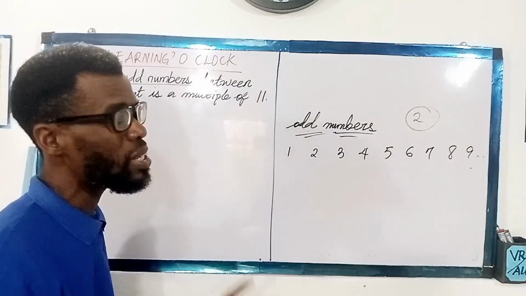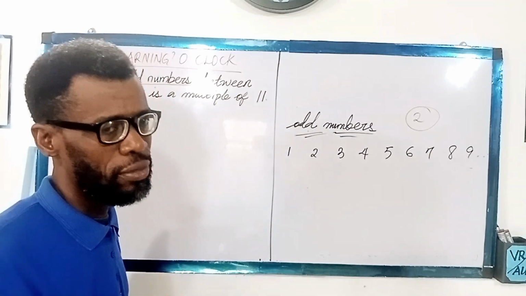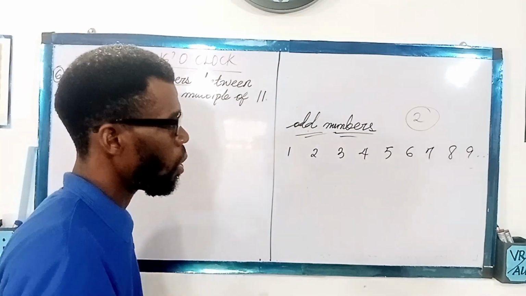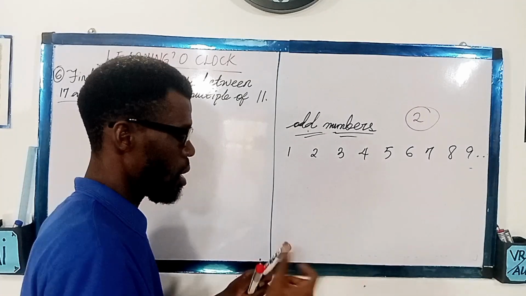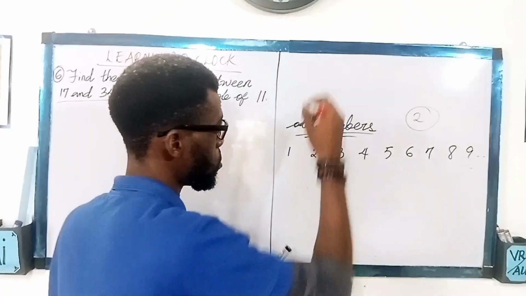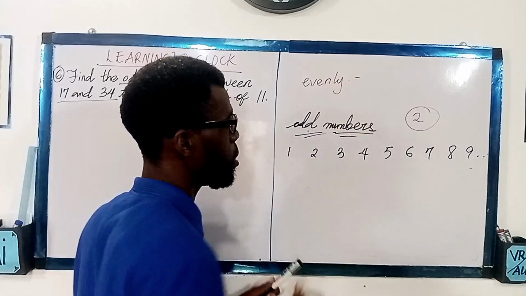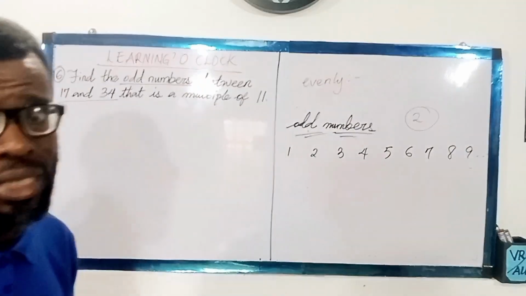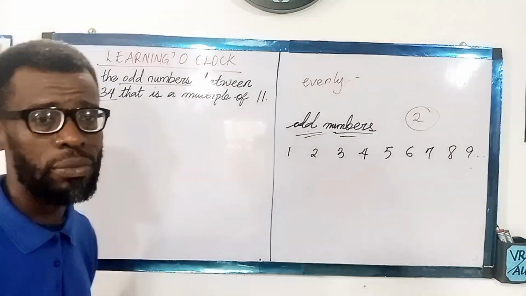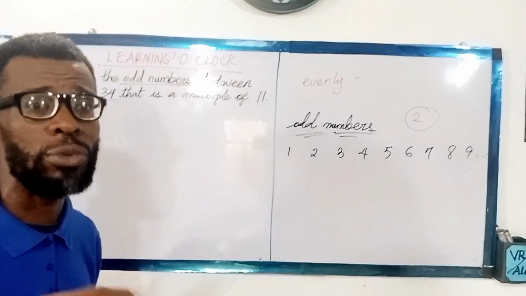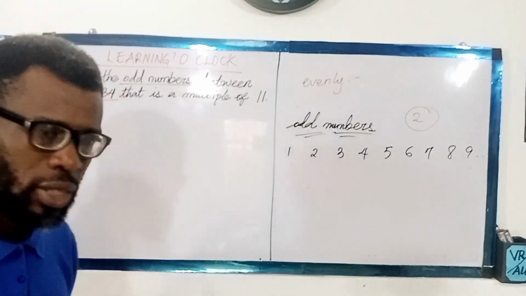Odd numbers are numbers that cannot be divided by 2 evenly, equally. Evenly is the word we want to take note of. It cannot be divided without remainder, so it will definitely have a remainder. When you divide an odd number by 2, you will have a remainder of 1. That's just what it means.